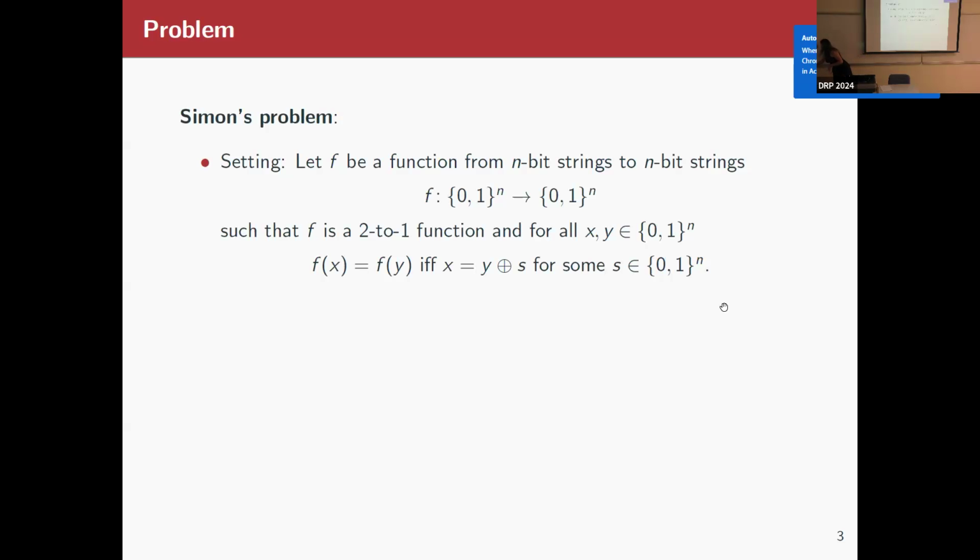So the problem is: let f be a function from n-bit strings to n-bit strings, such that f is a 2-to-1 function. For two different inputs, let us say x1 and x2, they actually give the same output.